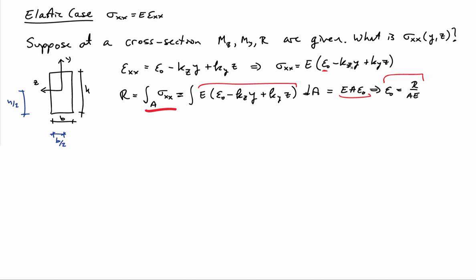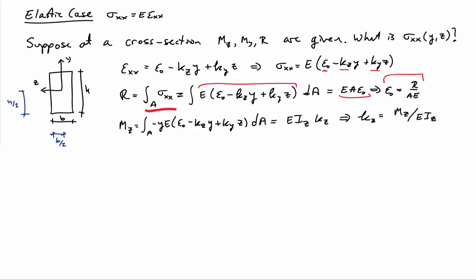Okay, and now let me figure out what these other two constants, kappa z and kappa y, are, and I'll use the resultant relationships for mz and my to determine those. If I write out the expression for mz, it's minus y times sigma xx integrated over the cross-section. And if I compute this integral, I'm going to get Iz, the moment of inertia about the z-axis, times E times kappa z.